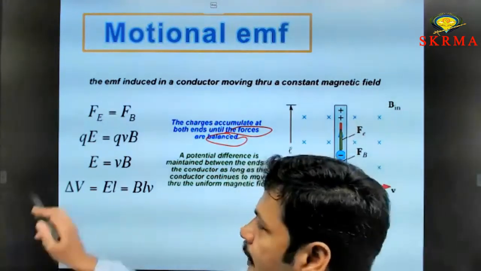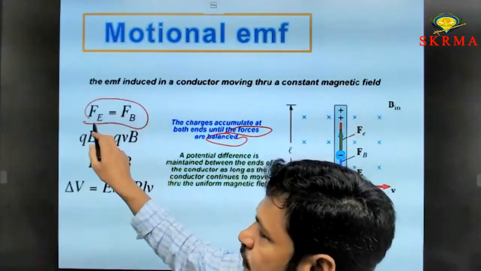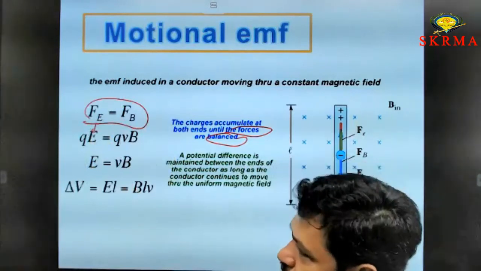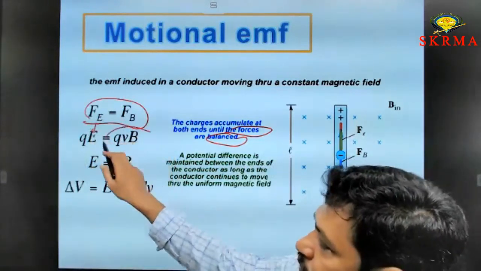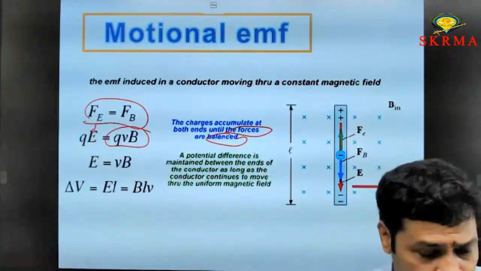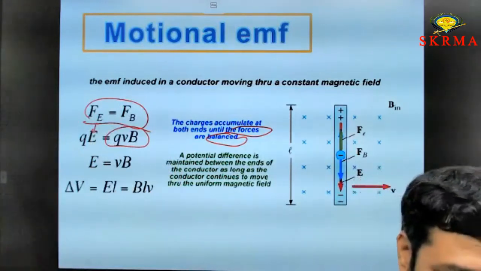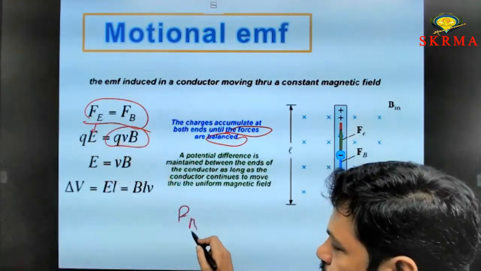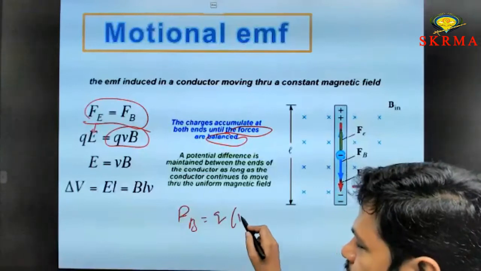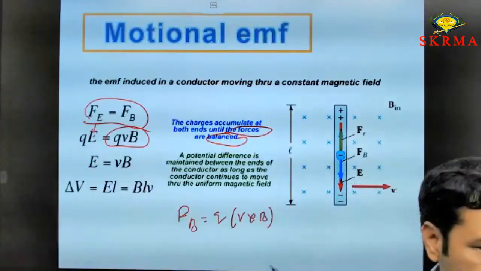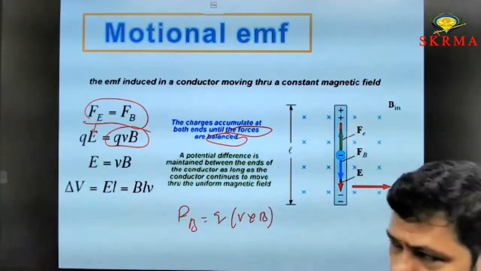What is the equation for electric force? F_E equals qE. And what is the equation for F_B? We discussed this in moving charges and magnetism: F_B equals q(v cross B), or qvB sin theta. For the maximum, it is qvB.